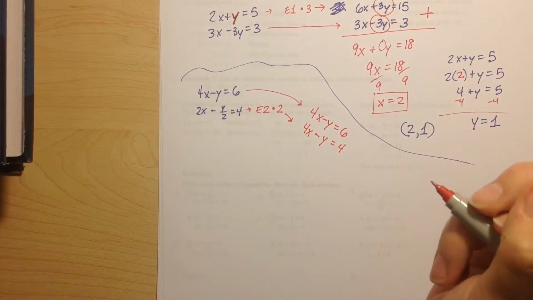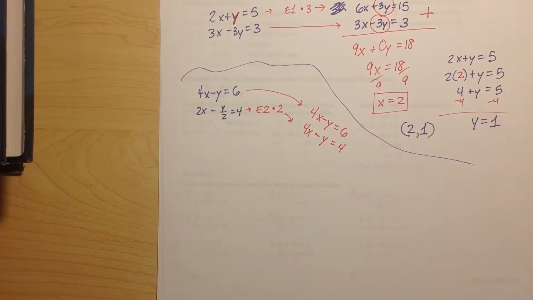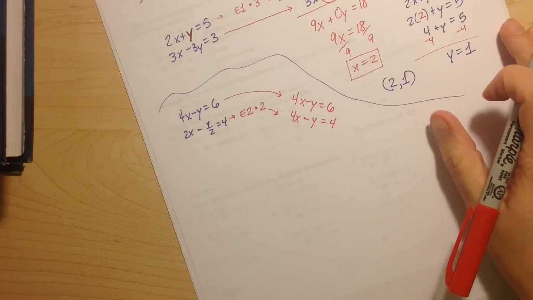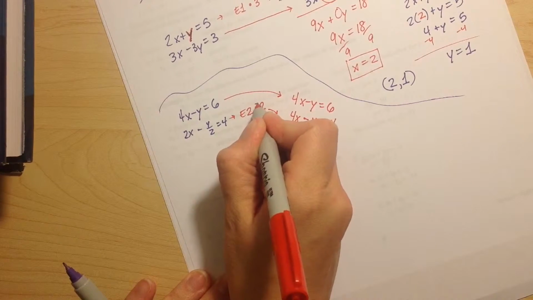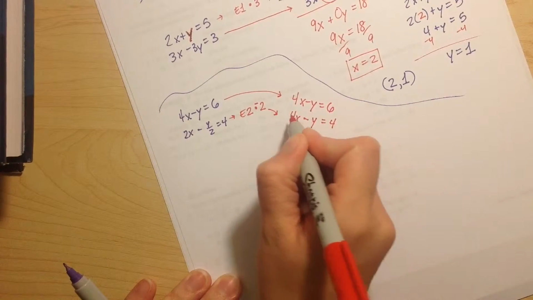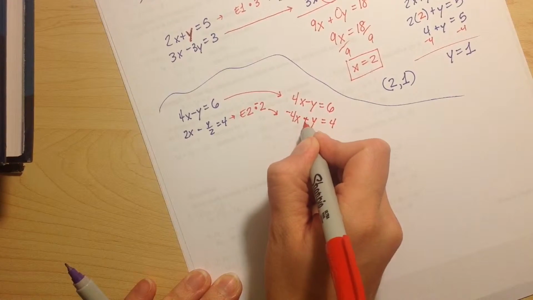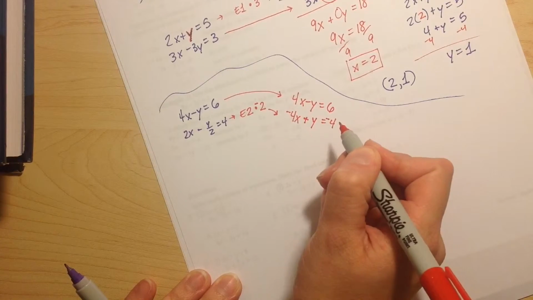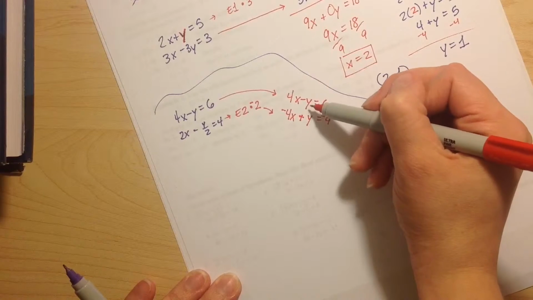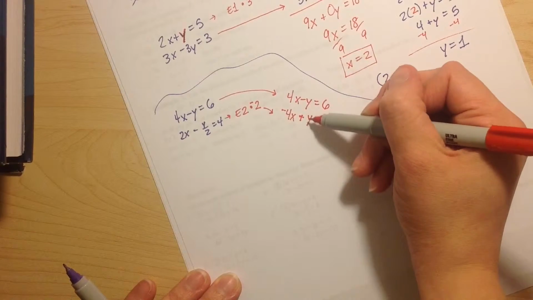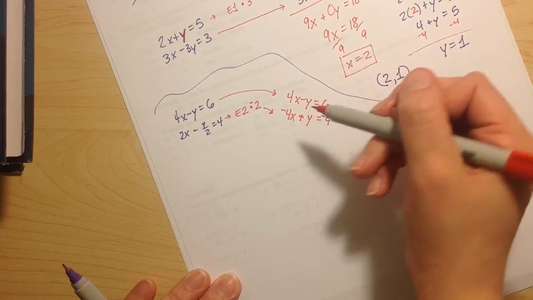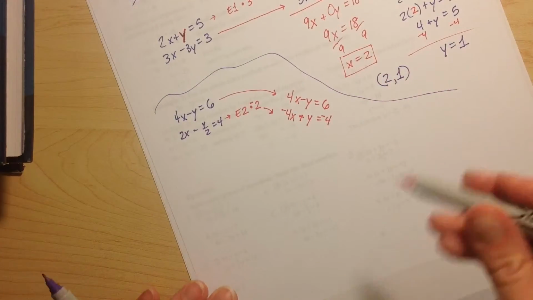Now, notice I could have multiplied by something just a little bit better. If I had multiplied by -2 instead, that would have given me a -4x, a positive y, a -4. Notice how my y's are going to cancel out again. So that was my goal, getting the y's to cancel, a negative and a positive. So you could have done that in 2 steps or 1 step, whatever.